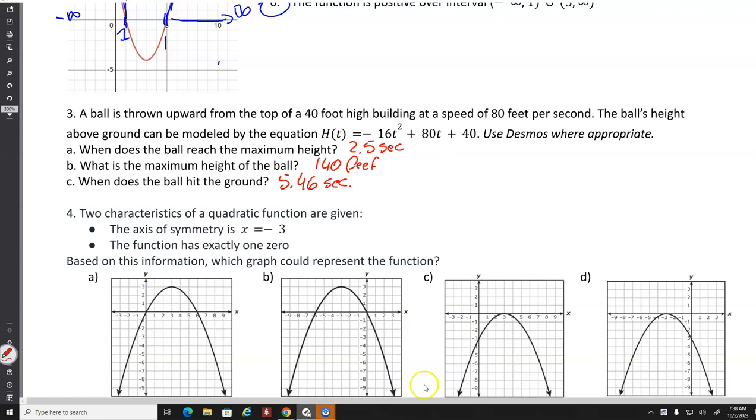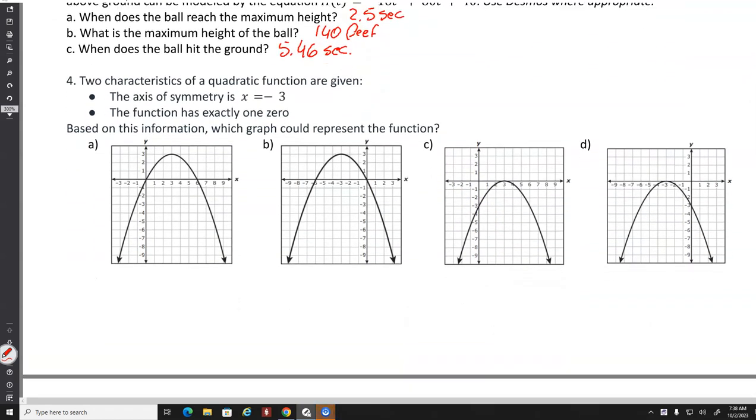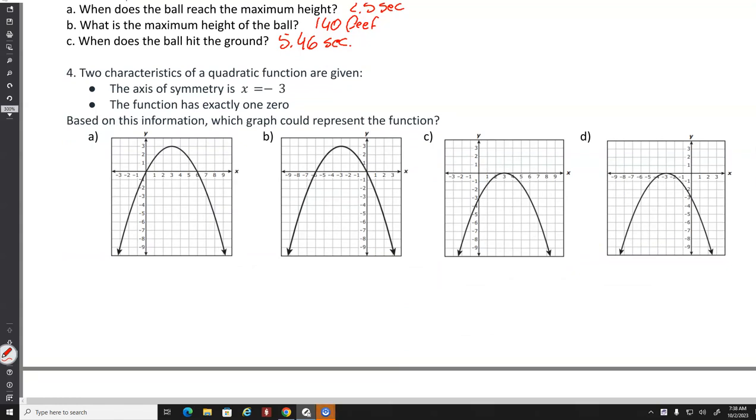All right, number 4 says two characteristics of a quadratic function are given. The axis of symmetry is -3, and the function has exactly one zero. What does that mean, one zero? That means it has one intercept only, okay? So of course, I'm going to eliminate A and B because they have two intercepts right here.